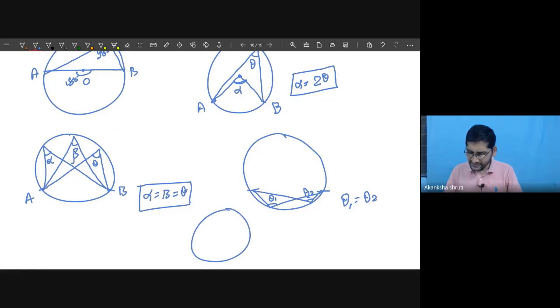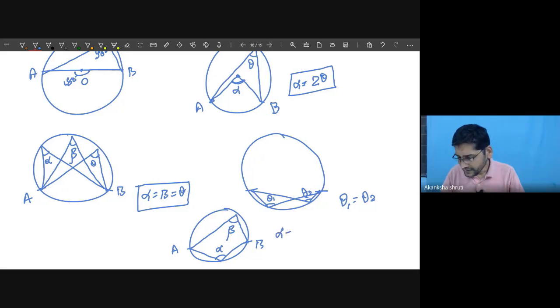But there is another one. Consider this as A, the other one B. On one side you make one angle, consider this as alpha. On the other side you make some other angle as beta. Then alpha plus beta is 180 degree.